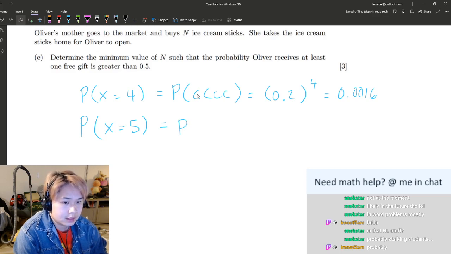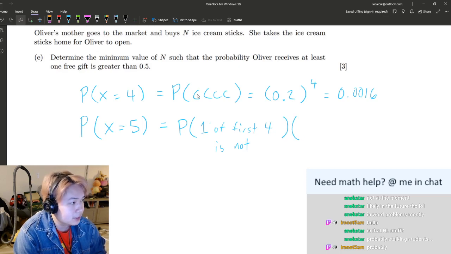So this is the probability that one of the first 4 is not. And then this is multiplied by the probability that the 5th one is. So probability of a coupon.